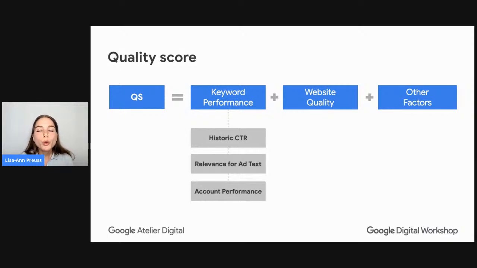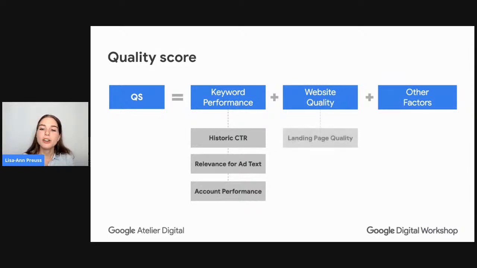But of course, for new keywords that you've just added to a certain campaign, there is no historic click-through rate, and the relevance for the ad text is still to be determined. So that's why Google Ads will then look at your account's performance. And if that's not a motivation to make sure your account is performing well, I don't know.